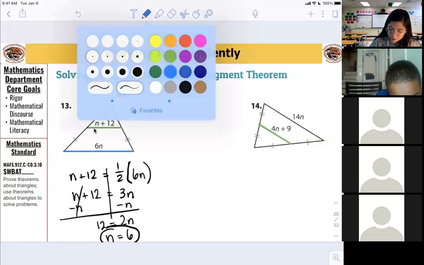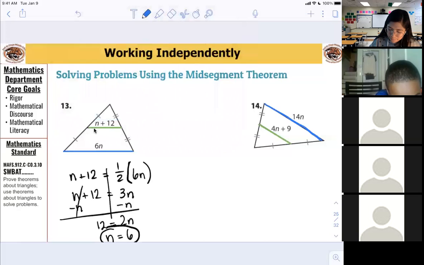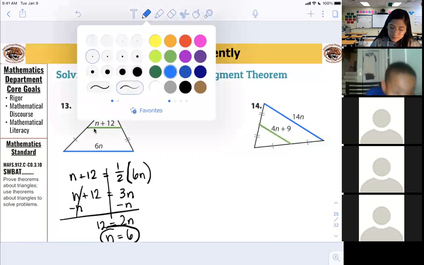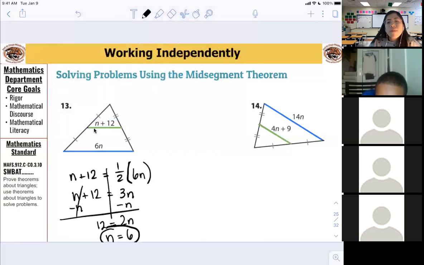Number 2, what's my equation? Speak up. What's my equation for number 14? 4n plus 9 equals 1/2 of 14n.